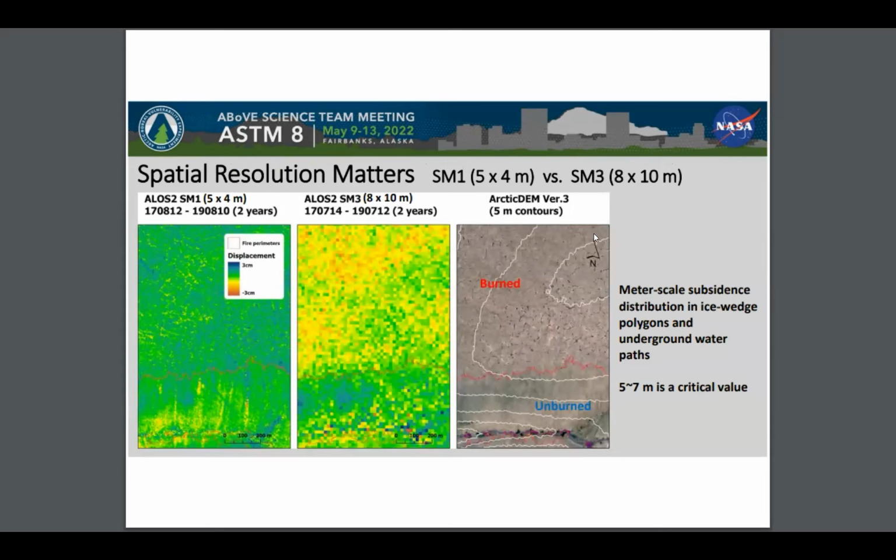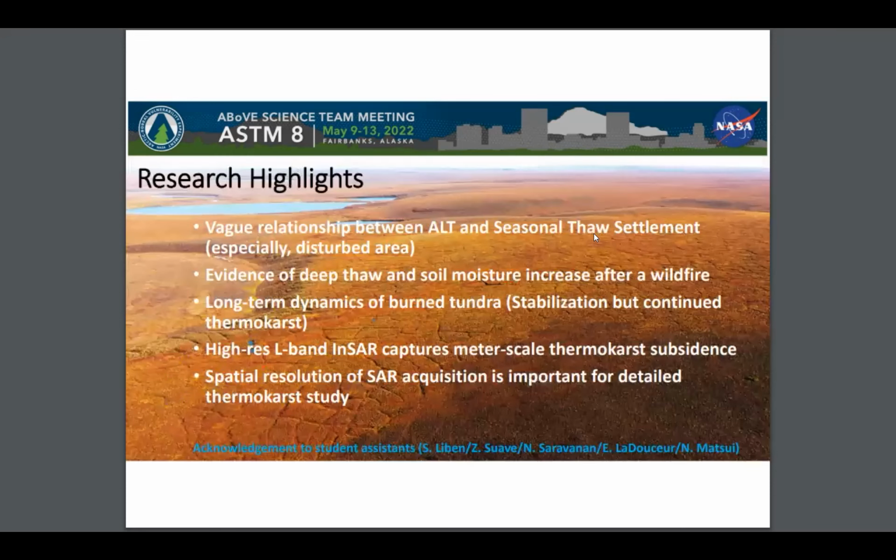So 5 to 7 meter is a kind of critical value to understand thermal processes at the scale of ice-wedge polygons. Those are our highlights. I have posters, so you're welcome to drop by for further discussion.